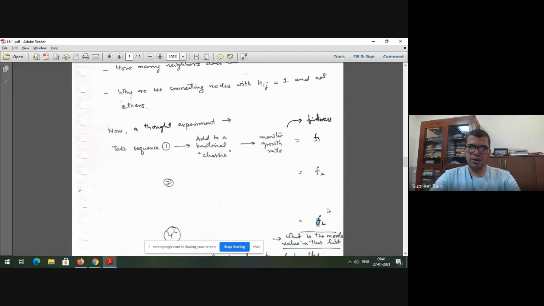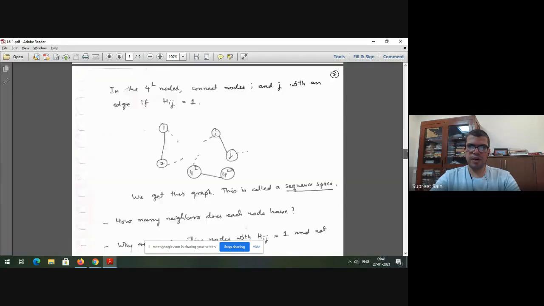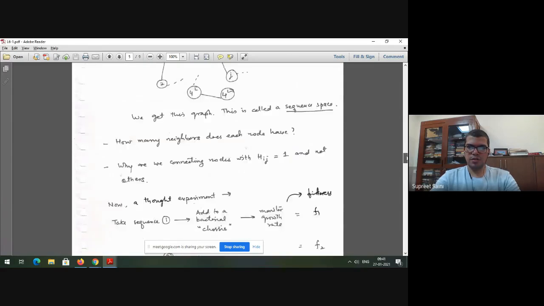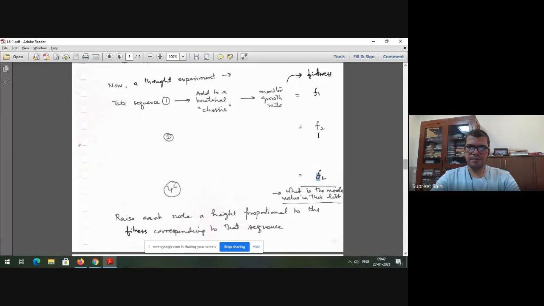And I draw a list of corresponding fitness values for each of the 4 to the power L nodes that I have.